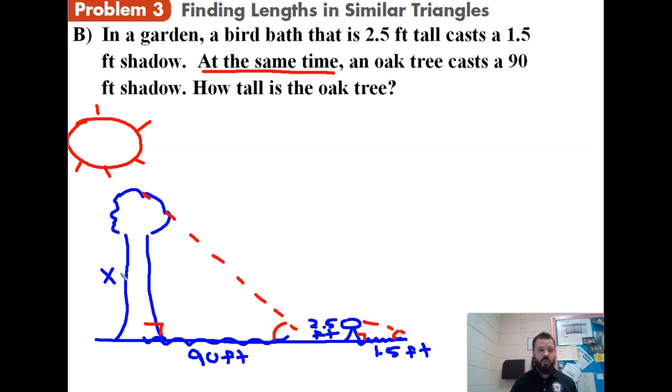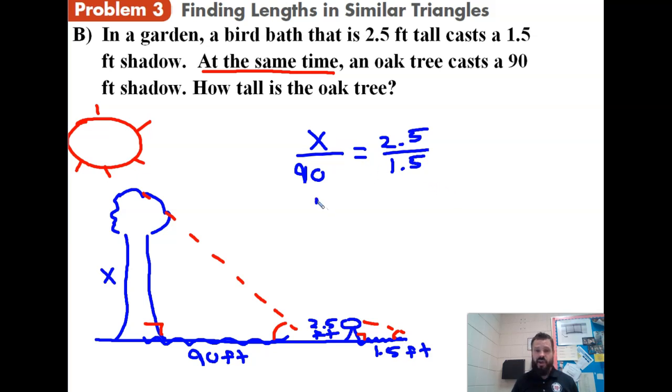Okay, so we can set our proportion up as x over 90, so height of the tree over shadow of the tree, is equal to 2.5 over 1.5, height of the bird bath over shadow of the bird bath. Okay, again, cross multiply.